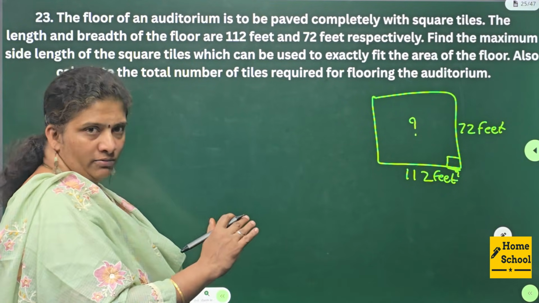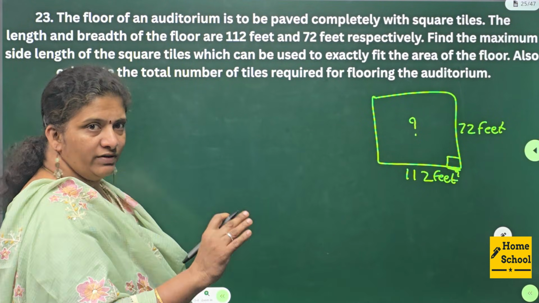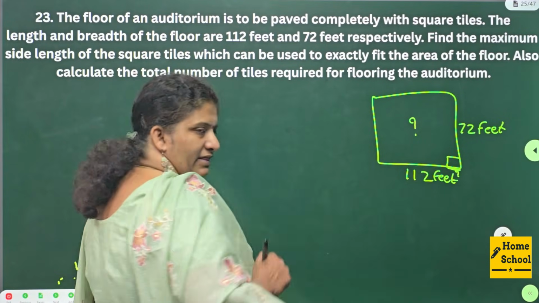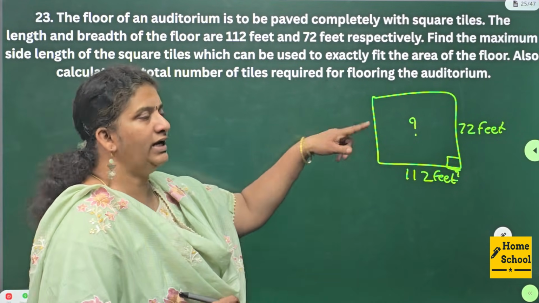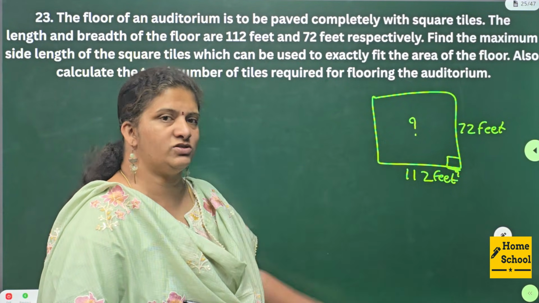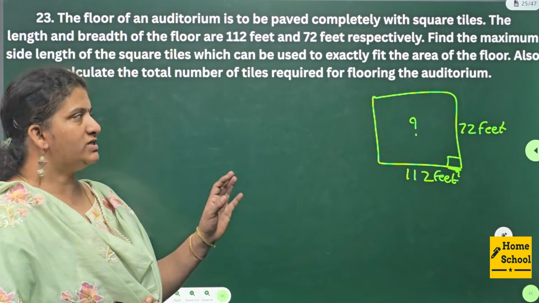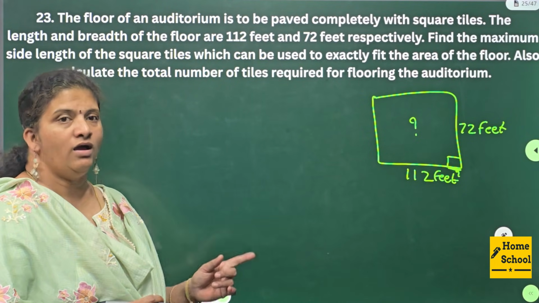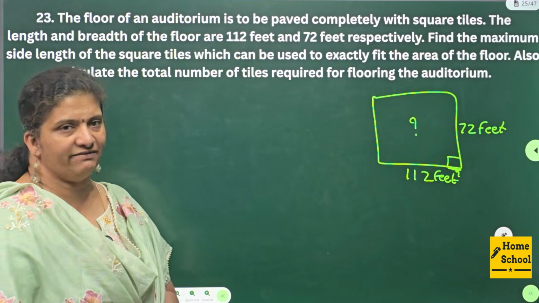In this auditorium, floor is to be paved with the square based tiles. What is the side length is one question, and how many tiles needed to fix completely in this auditorium. So these verbal statements I am not writing. First what we need to do? We need to do the HCF of 112 and 72.